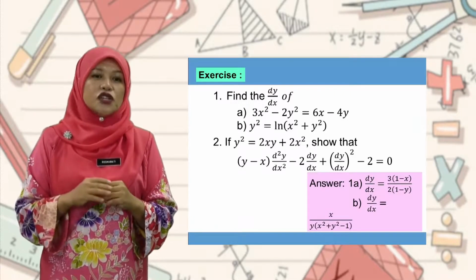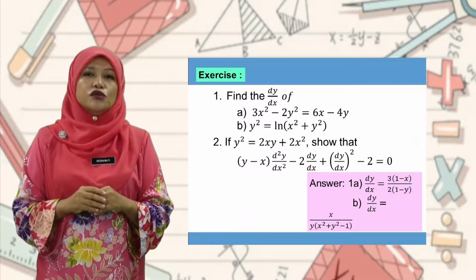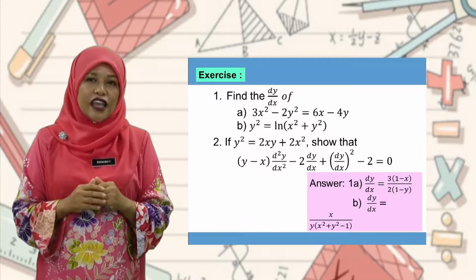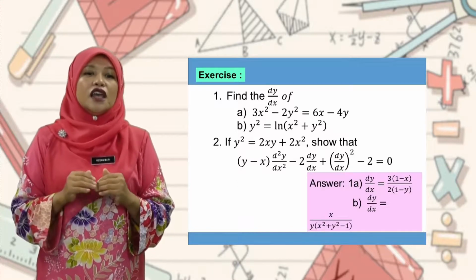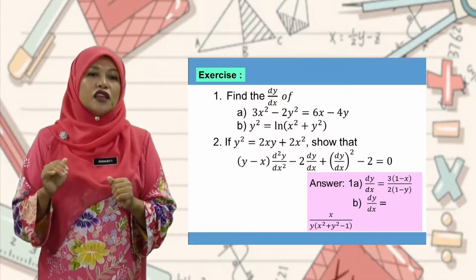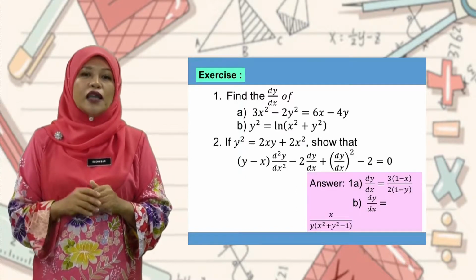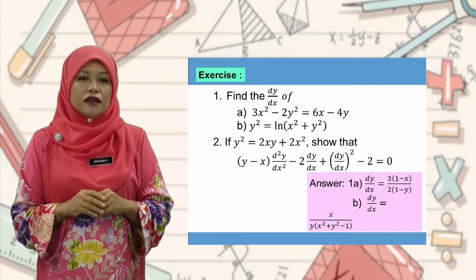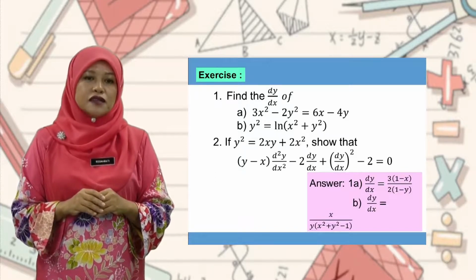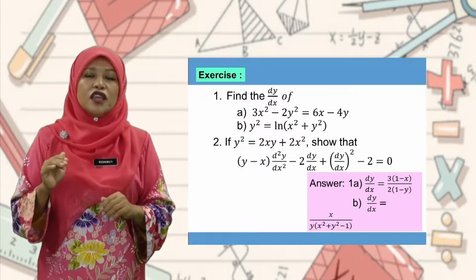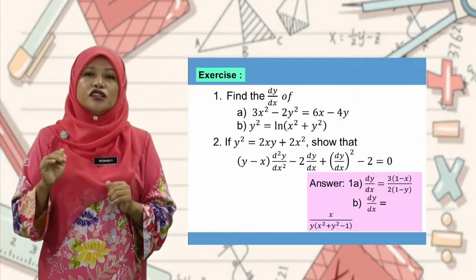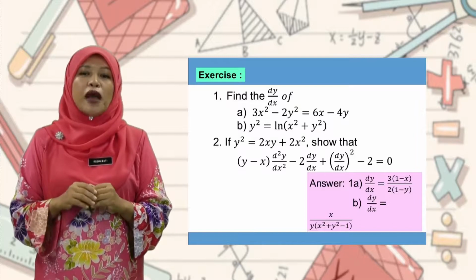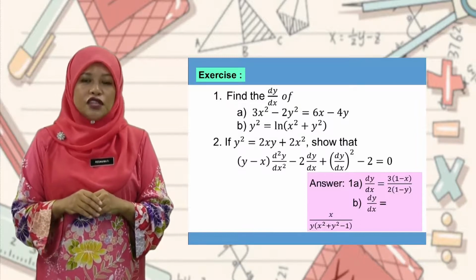The second question is a second order differentiation. If you are given y squared equals 2xy plus 2x squared, show that y minus x multiplied with d2y dx squared minus 2 dy dx plus dy dx squared minus 2 equals 0.